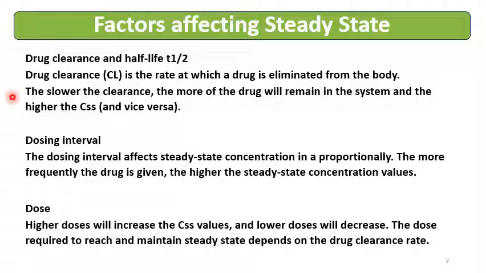The dose required to reach and maintain the steady state depends on the drug clearance rate. These three factors are interrelated: half-life, clearance or elimination kinetics, dosing interval, and the dose. So if the dose is higher, CSS values will be higher. But once again, if the clearance is higher, then these values will come down, and the dosing interval will be more.